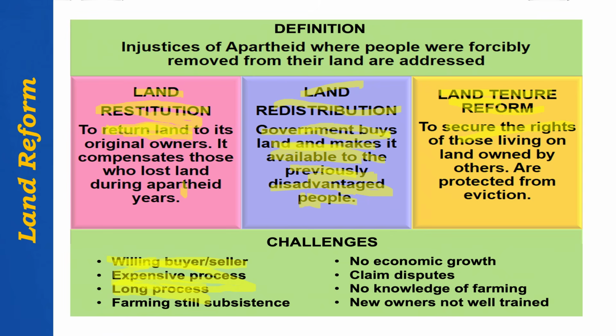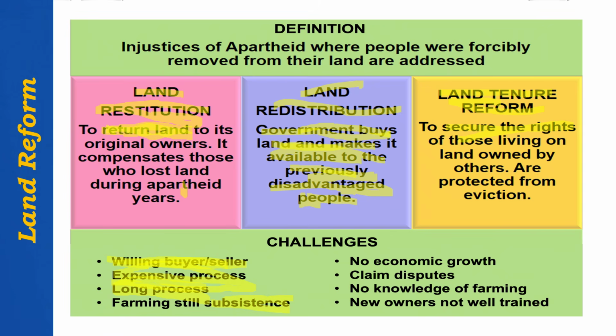It's a lengthy process. Okay, it says the farming is still subsistence. Remember, when these people are given back the land, they want them to move from subsistence farming to commercial farming so they can contribute to economic growth. Subsistence farming is where you are farming for your family.